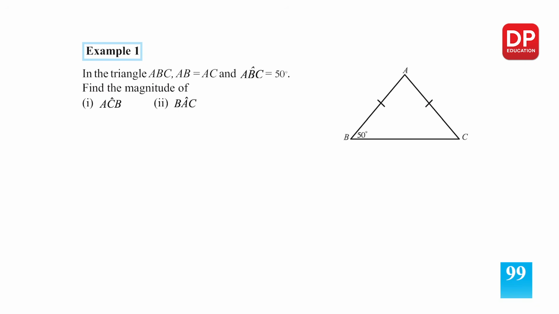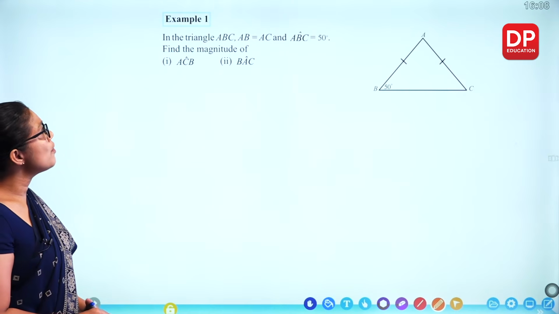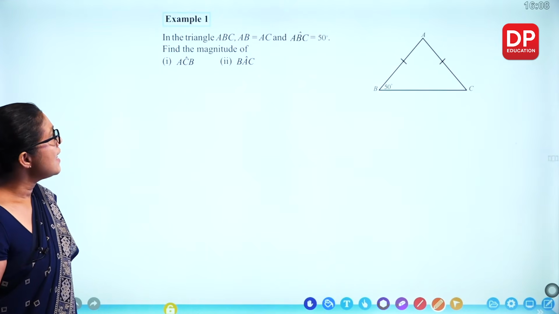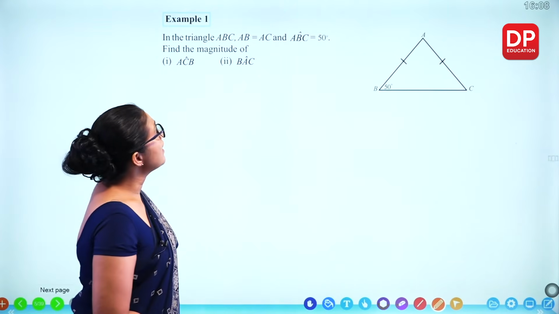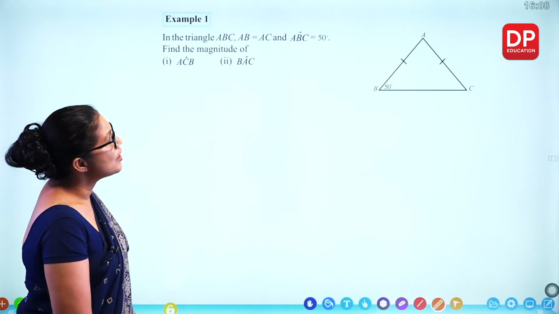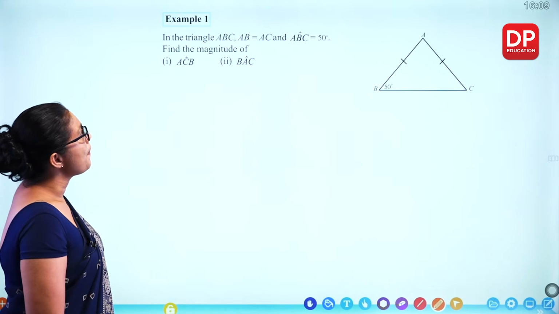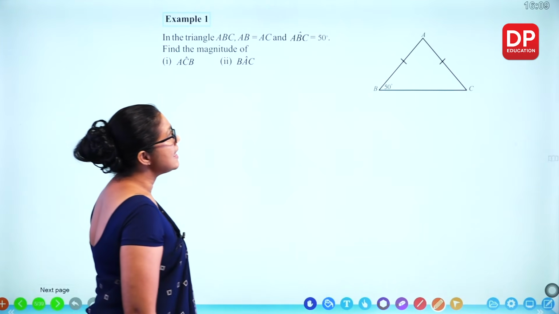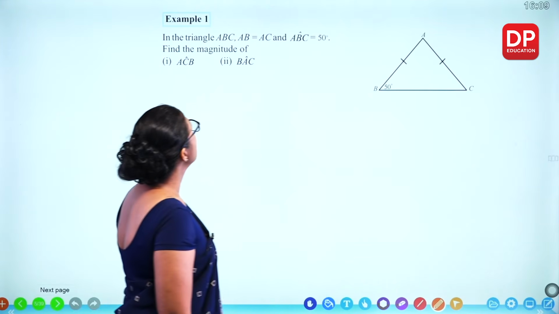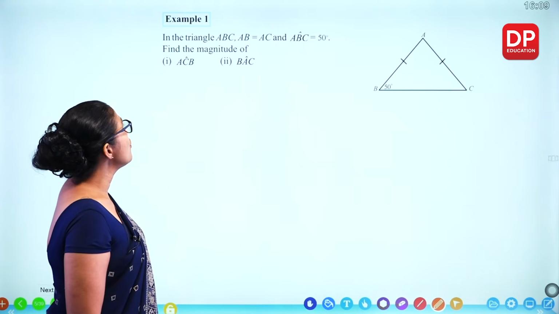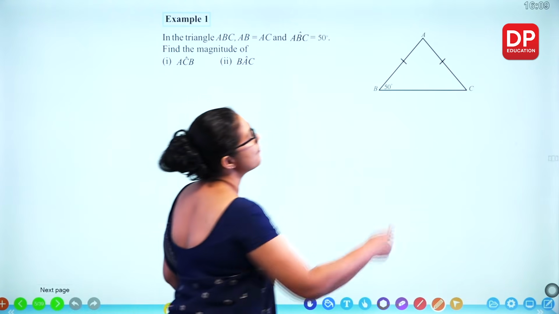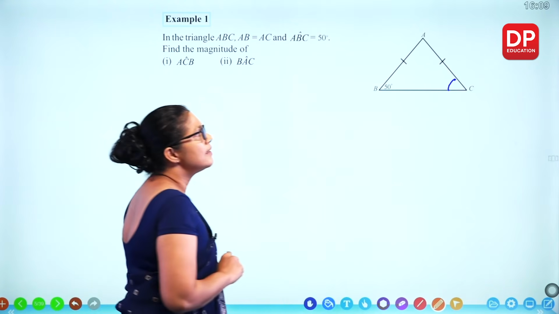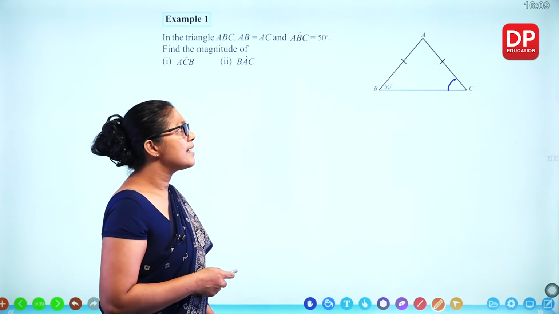Now we'll apply these two theorems in examples and exercises. We'll take the example number 1 in your textbook. So it says there's an ABC triangle and AB is equal to AC, already given. And it's given ABC angle is 50. Find the magnitude of ACB, this angle. What type of triangle is this?